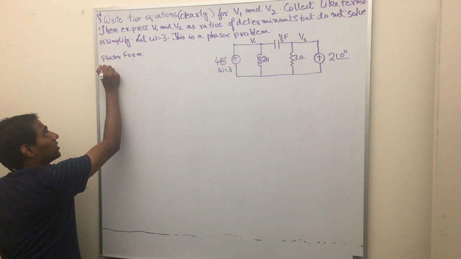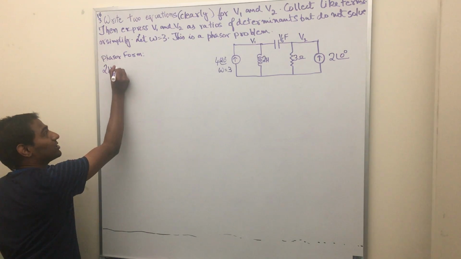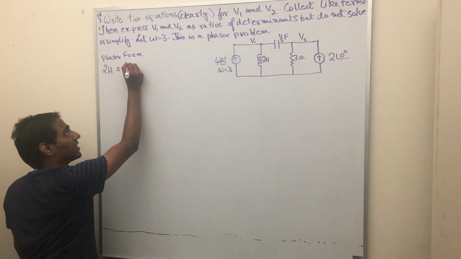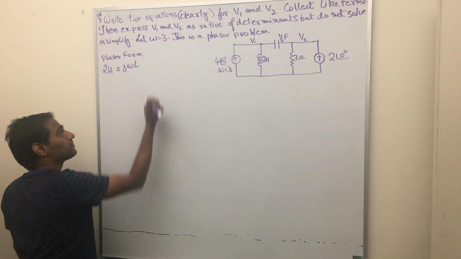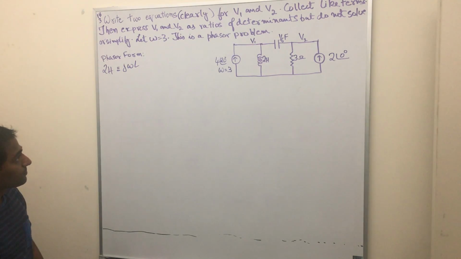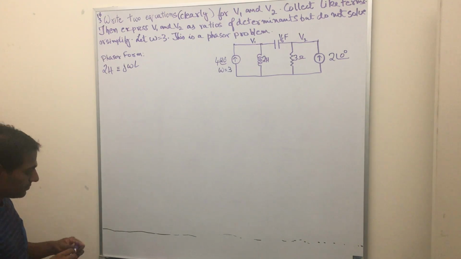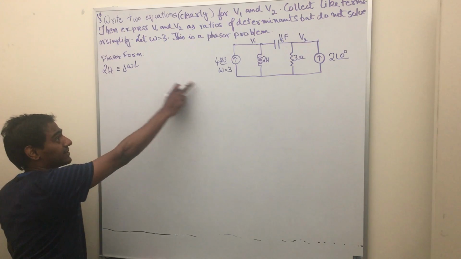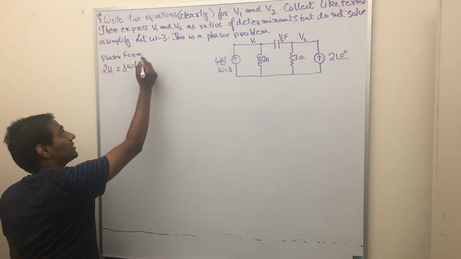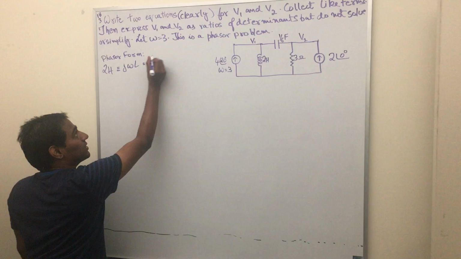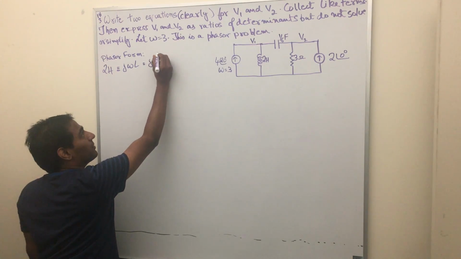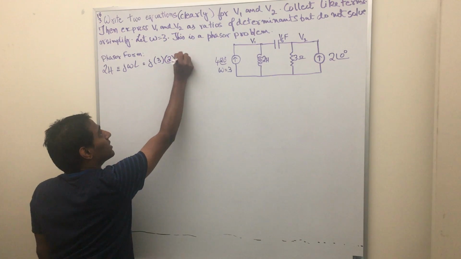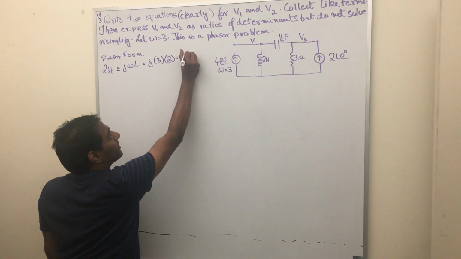To convert an inductor into phasor form, the equation you use is j omega L. Omega is 3 and L is the inductance, so you would get j multiplied by 3 multiplied by 2, that's 6j.